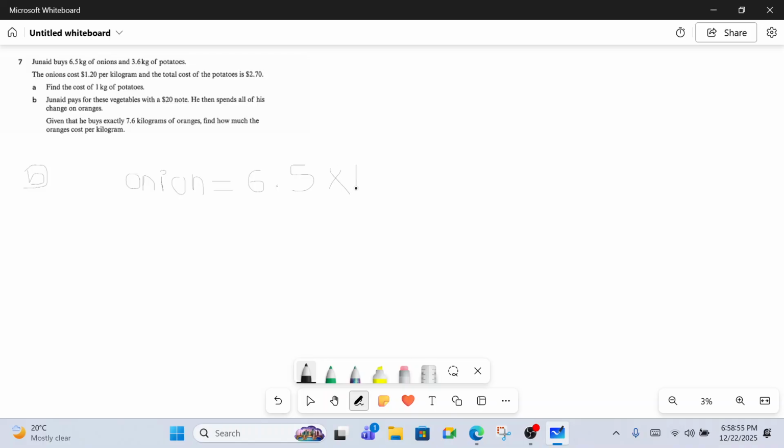So we want to find the cost for onions here. Let me get rid of the dollar sign. Okay, so 6.5 times 1.20 should give us an answer of about $7.8.